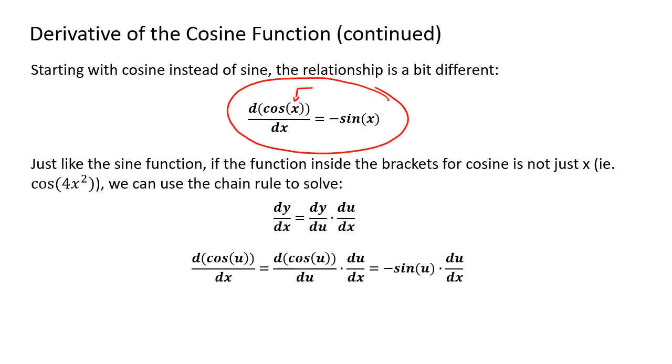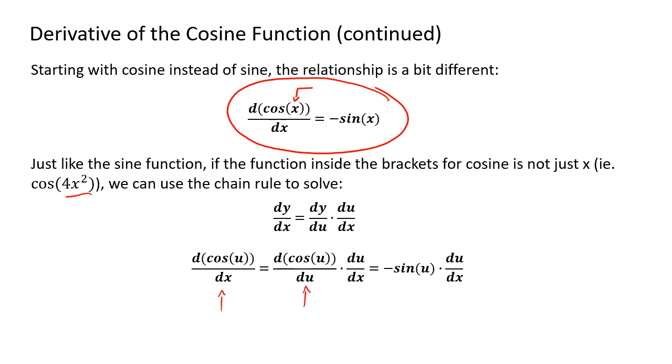When it isn't, okay, just like if, for example, it's the cosine of 4x squared, then again you have to use the chain rule, okay? Nothing different applies. So in this case, you would have the derivative of your function cosine with respect to x is equal to the derivative of cosine.